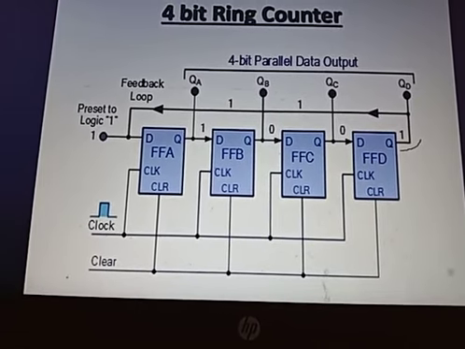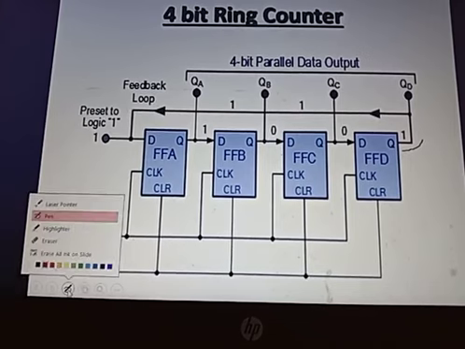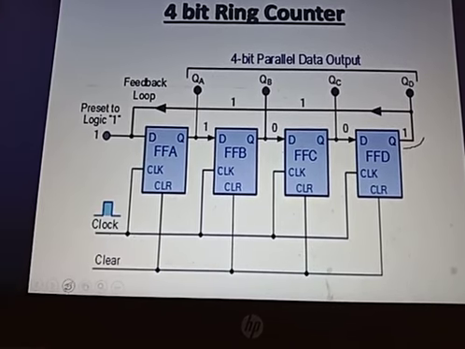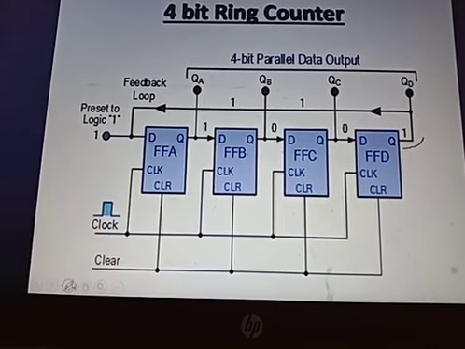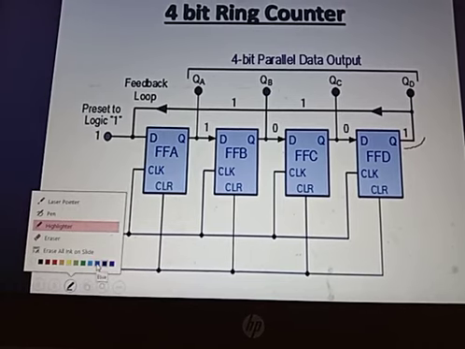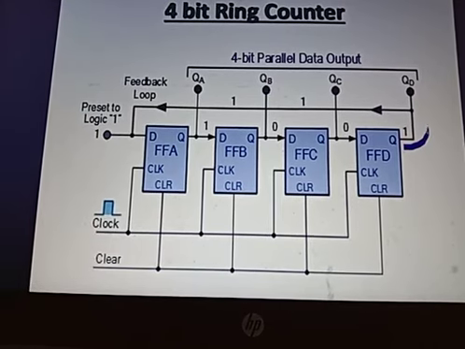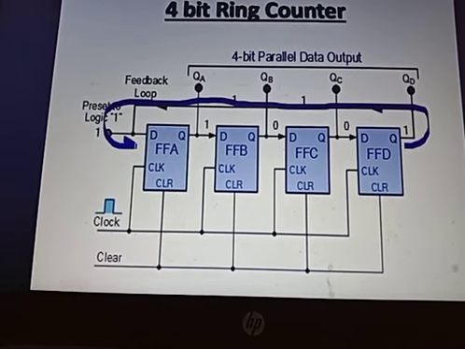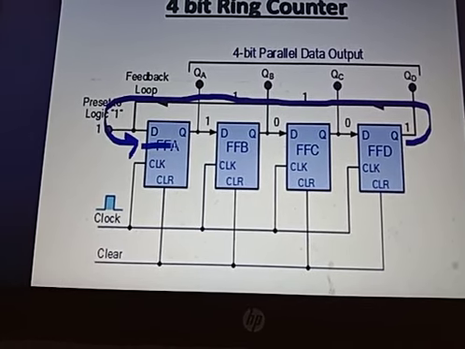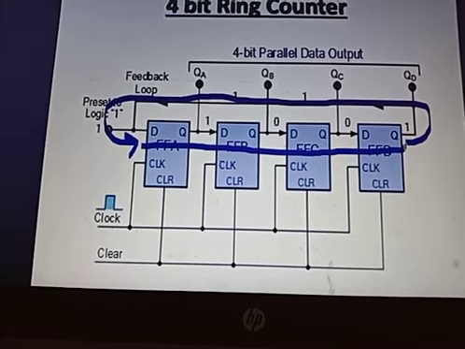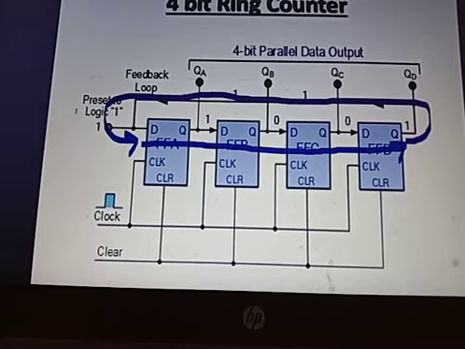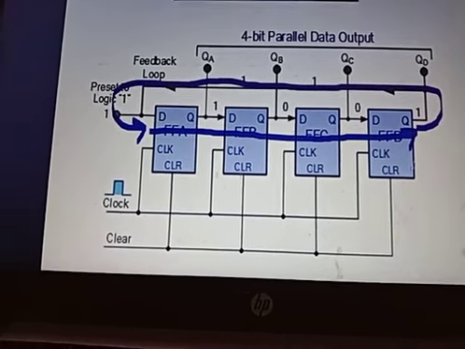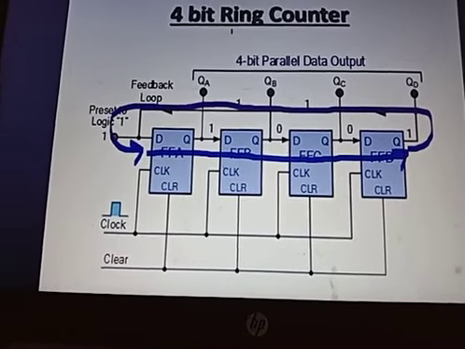Let me take a different color. Now the output is directly connected back to the input, correct? So that output will again be feeding the first end. So what is happening is the data will be continuously rotating in the form of a ring. So that's why we are calling this a ring counter.